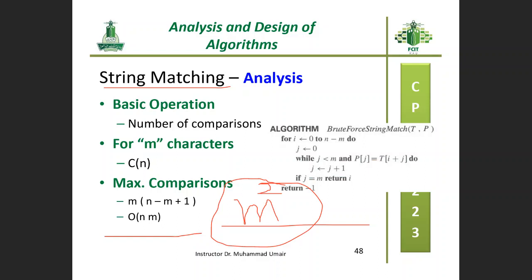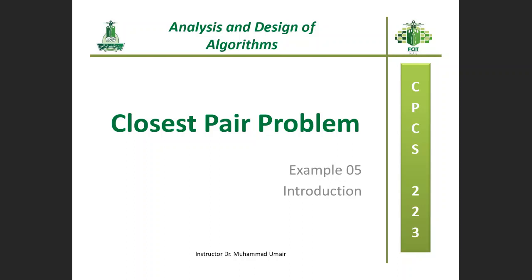The next problem is the closest pair problem. Closest pair problem means, as the name suggests, we have to identify two points which are closest to each other in a 2-dimensional plane. For example, there are multiple points available in an xy plane, and you have to determine which points are the closest.